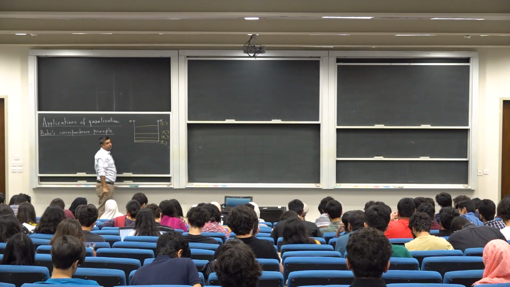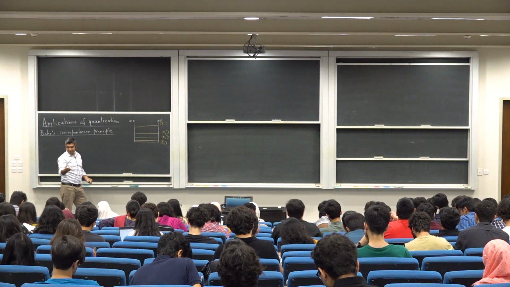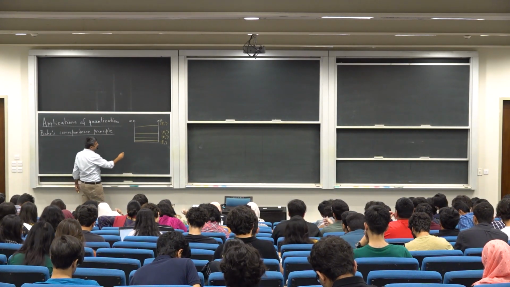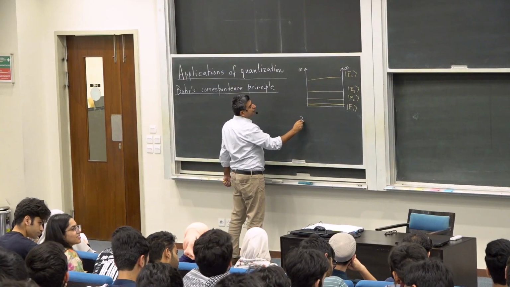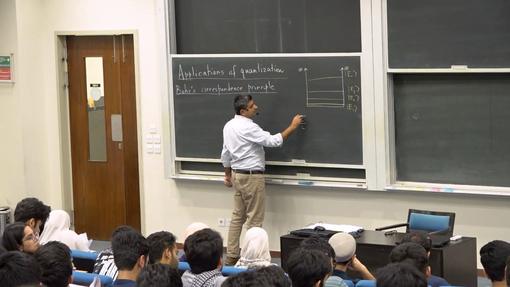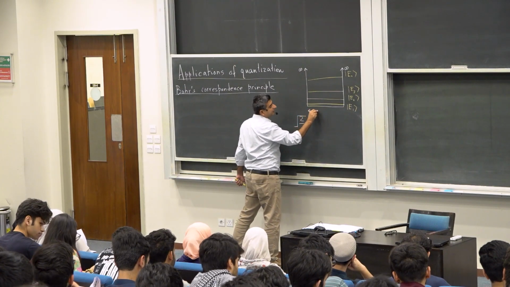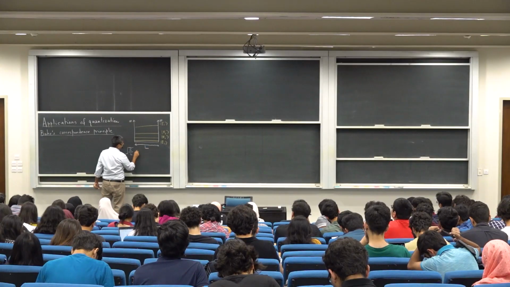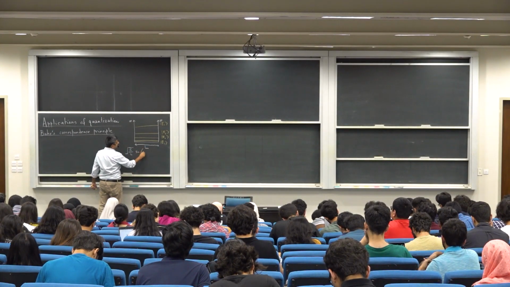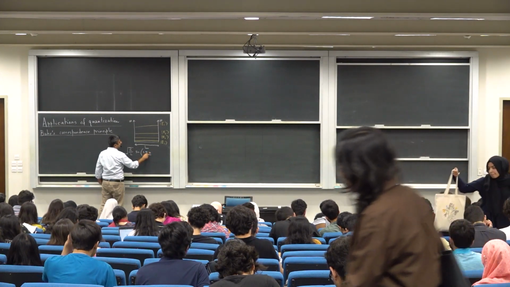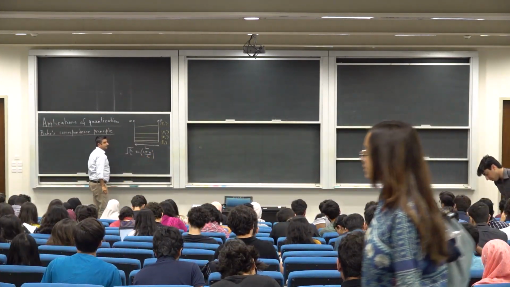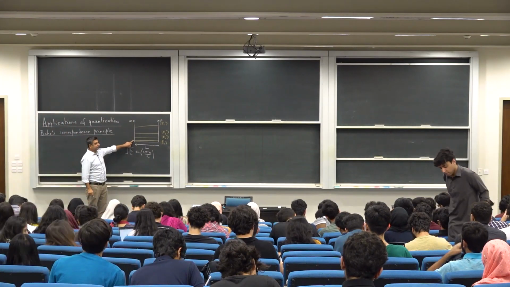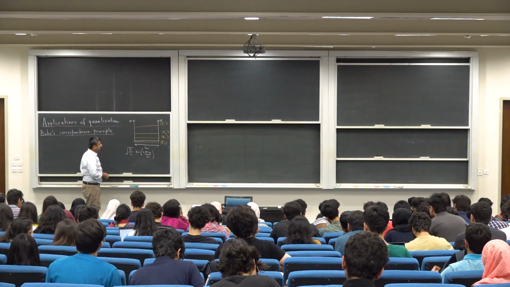And with each of these quantum states is associated a wave function. That wave function is the square root of 2 over L, where L is the length of this well, times sine of n pi x over L. So corresponding to this energy, there is some wave function.